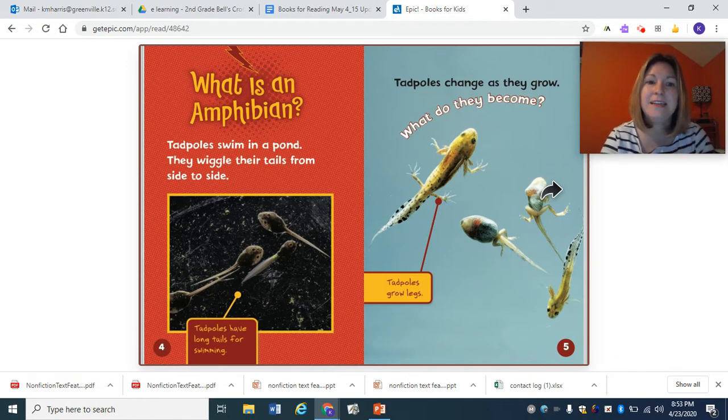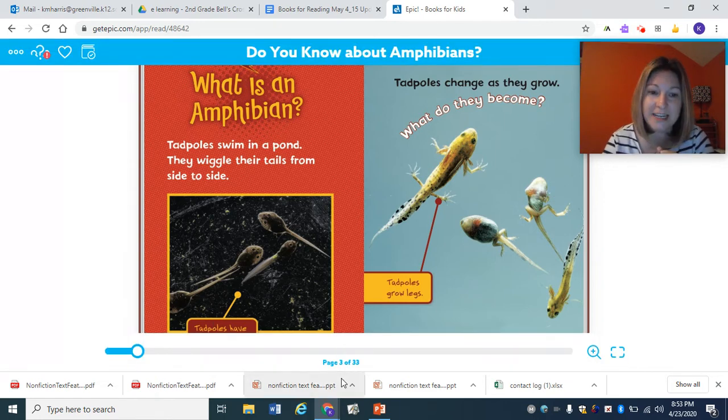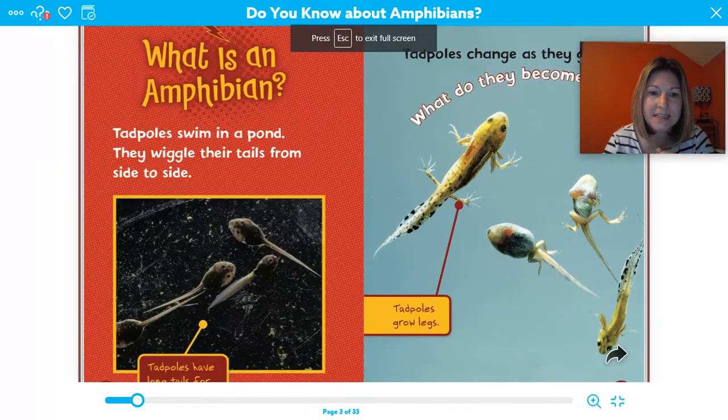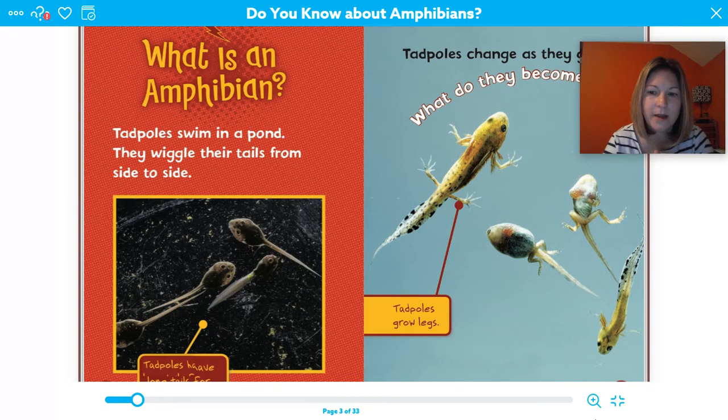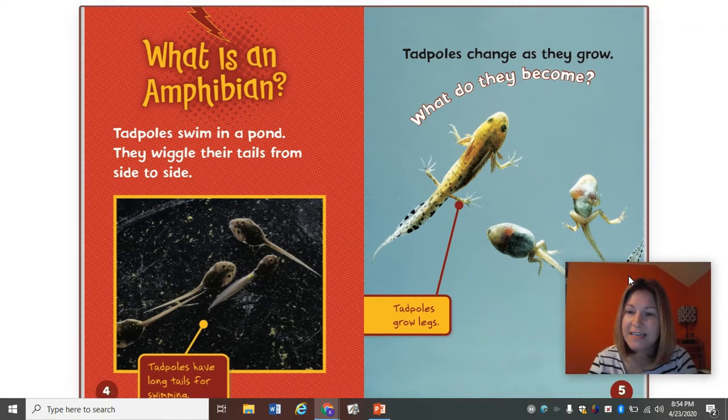What is an amphibian? Tadpoles swim in a pond. They wiggle their tails from side to side. Our caption with this photograph below says that tadpoles have long tails for swimming. Tadpoles change as they grow.